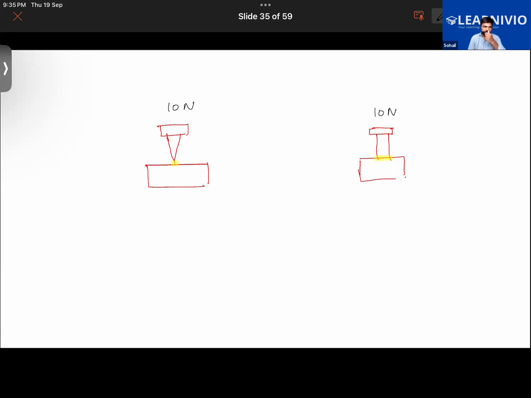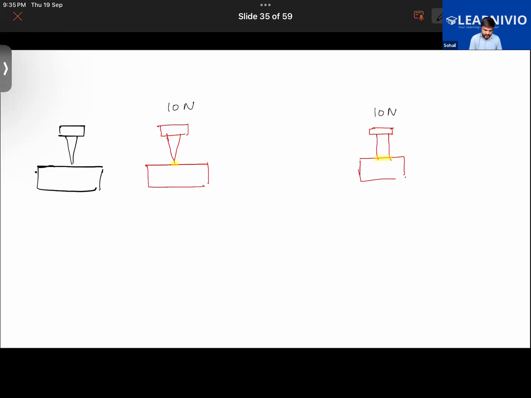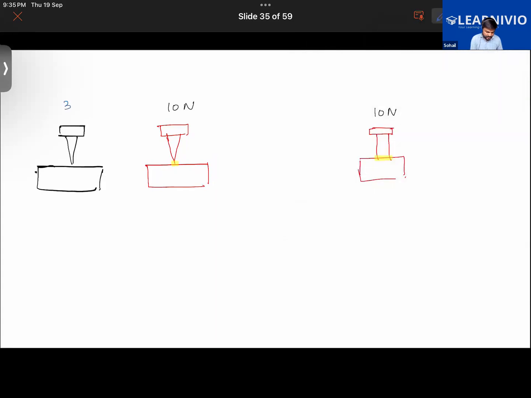So the pressure depends upon the area plus force also. Now take another case where we take the same nail with the same area, but now we are hammering it with a magnitude of, let us say, 30 Newton. So pressure will be more in this one now.